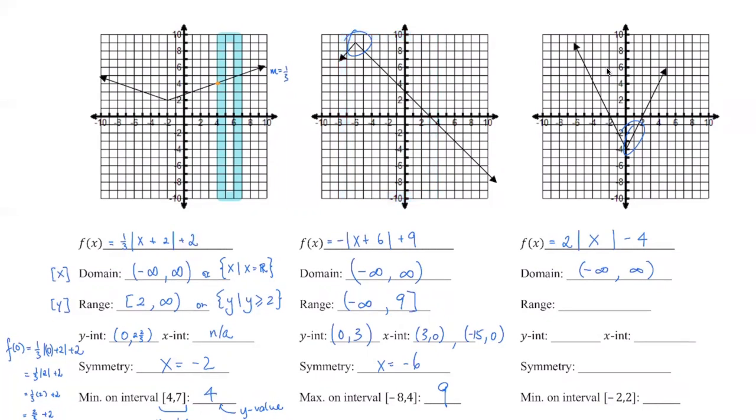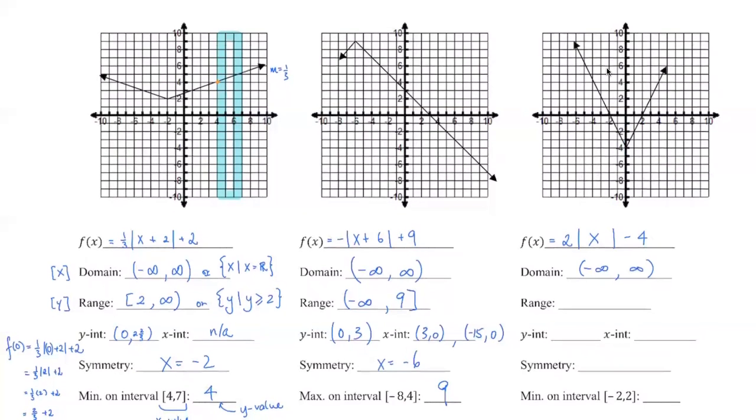Pretty straightforward. Okay, so for the last graph, the range is going to be from -4 all the way to infinity. So bracket -4 comma infinity. The y-intercept is at (0,-4). That's very visual.